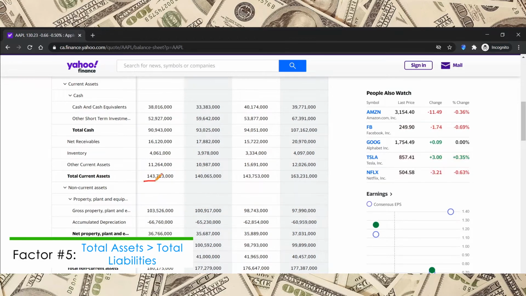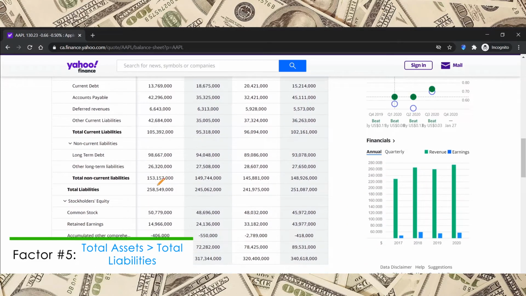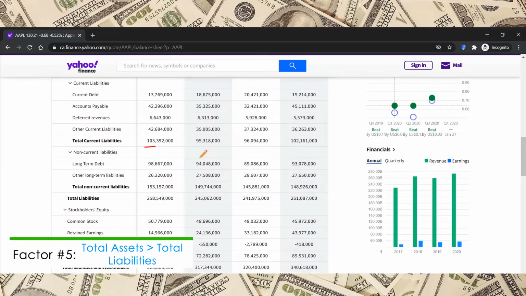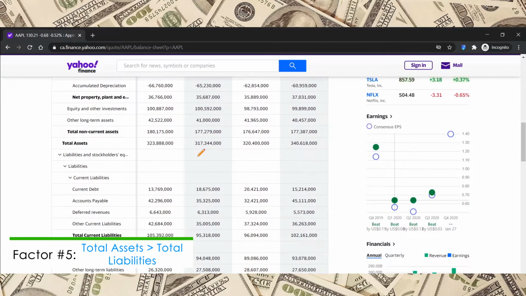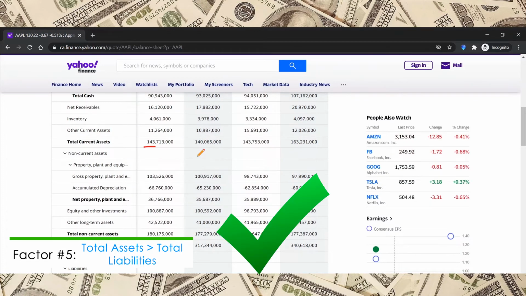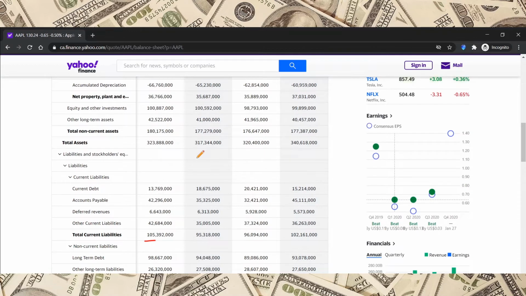Current assets 143 billion, and you want current liabilities 105. So that's good. That's a check mark. You generally want to see their total current assets greater than their total liabilities. That means they can pay their bills.